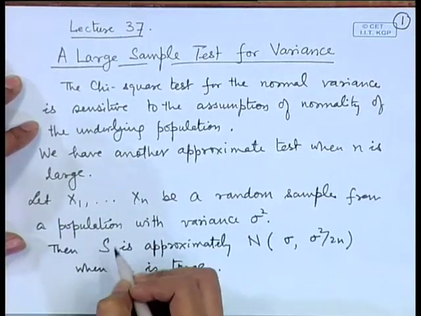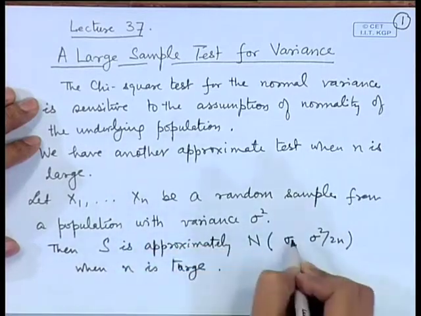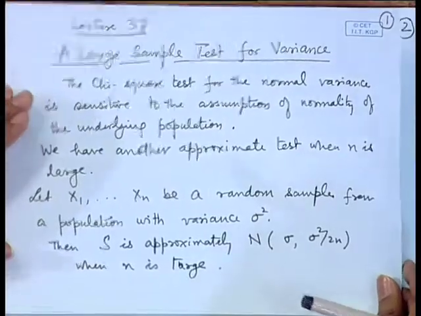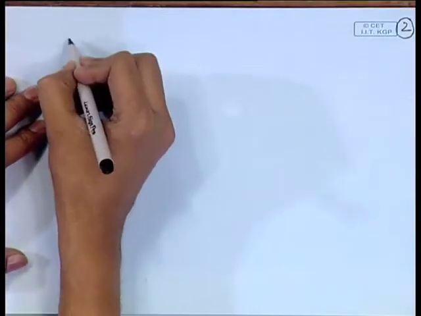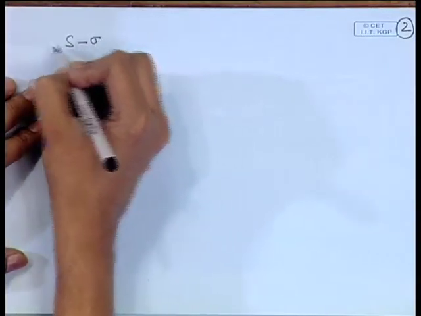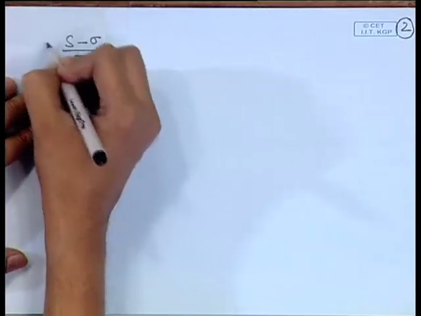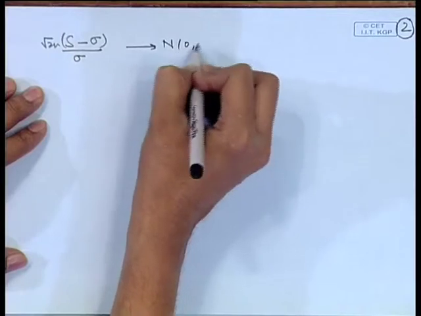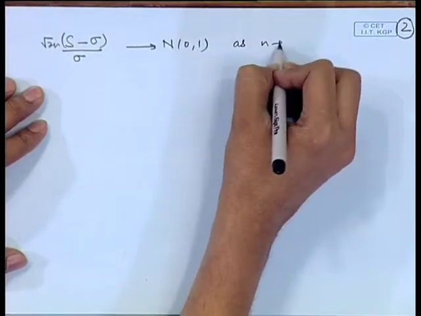Since S square is an unbiased estimate for sigma square, and S is not unbiased but asymptotically it is unbiased for sigma, therefore we may say that S minus sigma divided by sigma by root 2 n is approximately normal 0 1 as n tends to infinity.